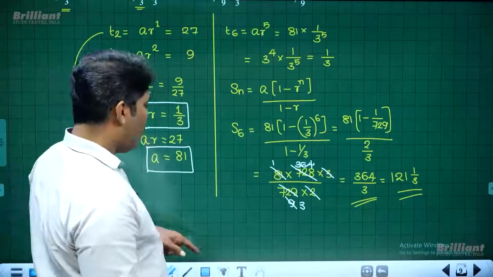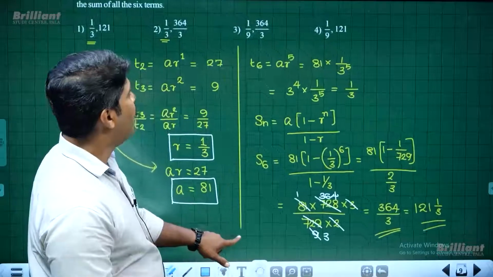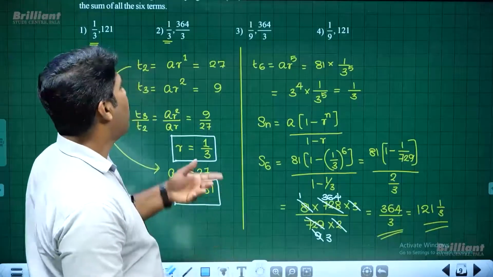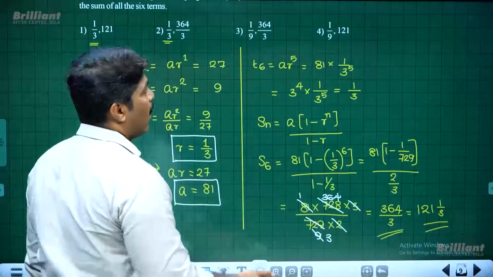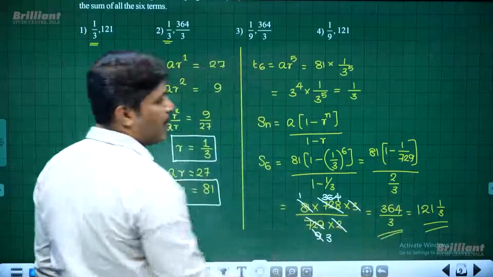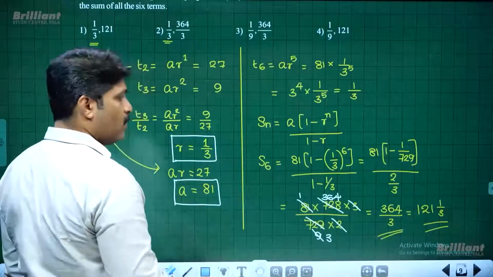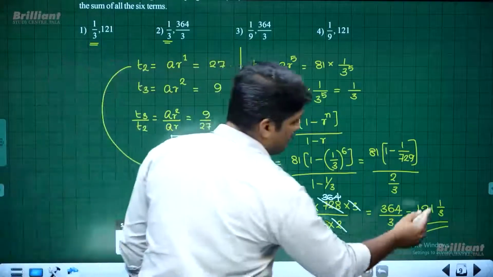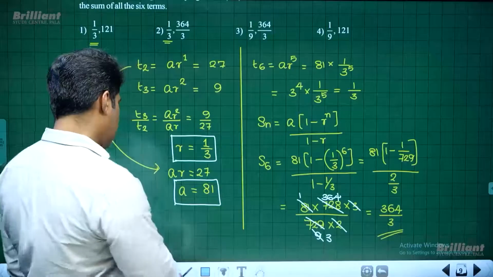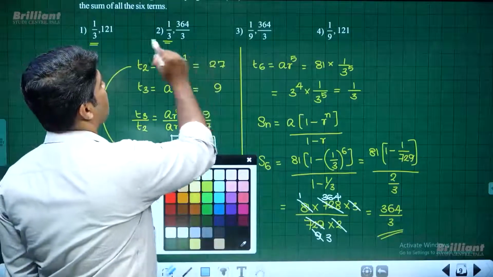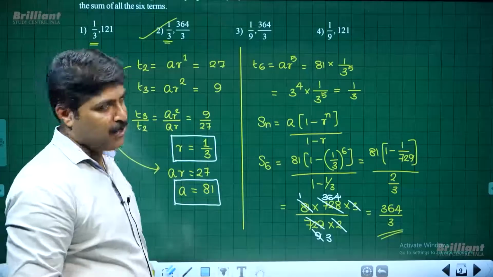But look at the options to see in which form we have to give it. We have to find it directly in the form 364 by 3. We don't want to convert it into mixed fractions. So directly that is 364 by 3. Hence the answer is option 2.